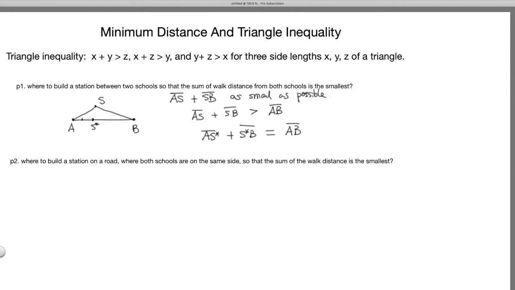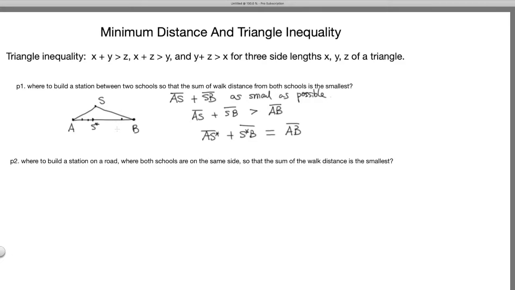You can build here, here, or here. The sum of AS star and S star B is going to be the same as AB, right? So that's where the optimal station should be if there's no limitation of where the station can be built.